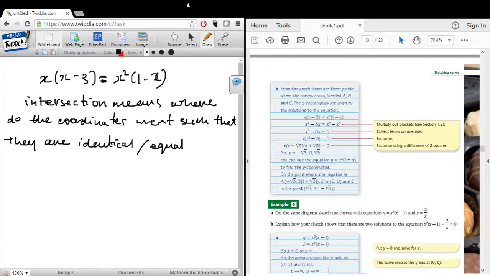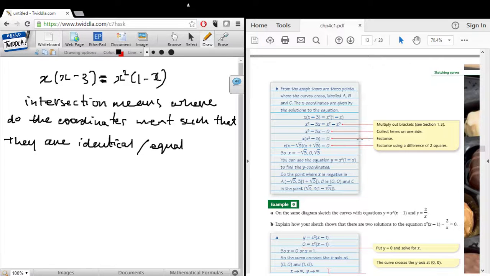So all they've literally done in this particular example is multiply out the brackets, which is the first step. Then they have cancelled out the quadratics. And then they've been left with x cubed, taking it to the other side.